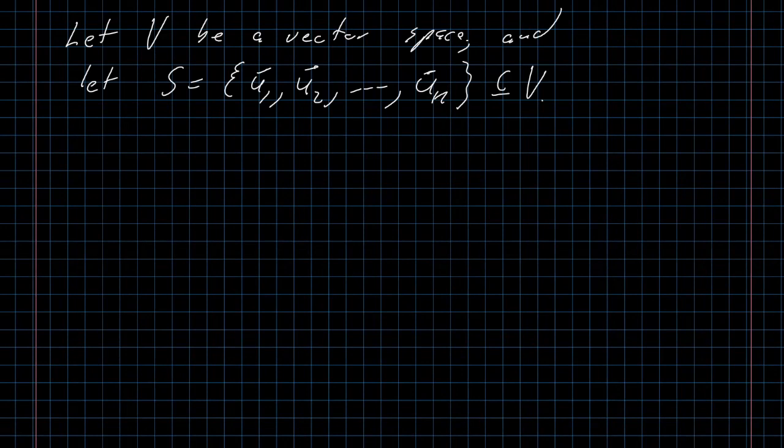Let's take any arbitrary vector space. Let's take a set S of a finite number of vectors in that vector space. The span of S, which you can write literally as span of S, or you can denote using angle brackets, depending on which source you are reading, one or the other is more popular.